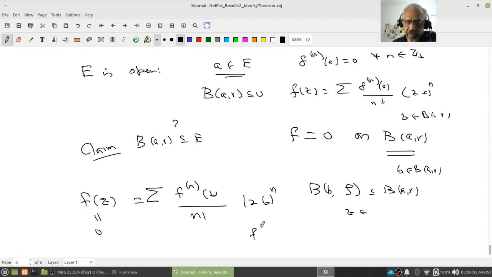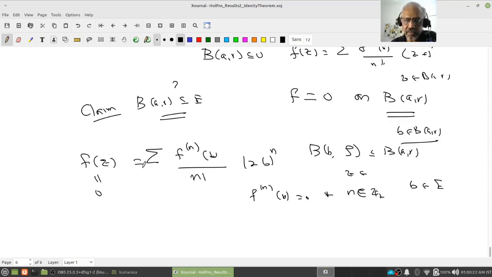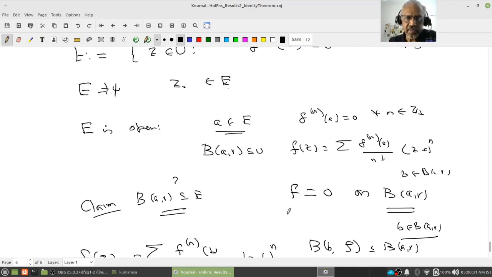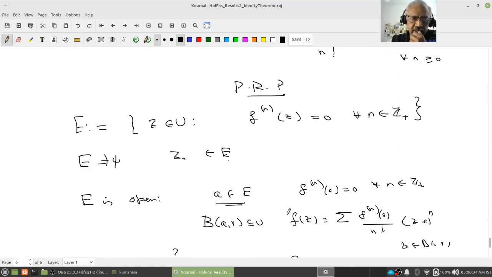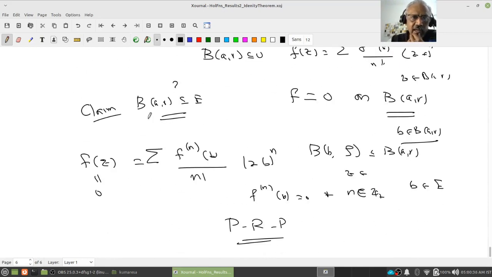That means f^(n)(b) is 0 for all n in Z plus. That means b belongs to E, and b was any arbitrary point of B(a, r). That means B(a, r) is contained in E. Okay, this is a very tricky argument, not straightforward, and if you are a beginner you may get confused. Just make sure. Okay, therefore E is non-empty and E is open, and E is closed.